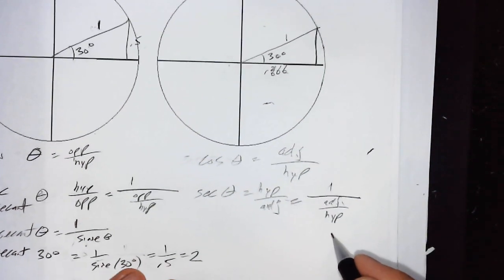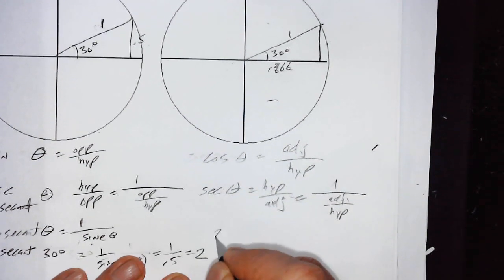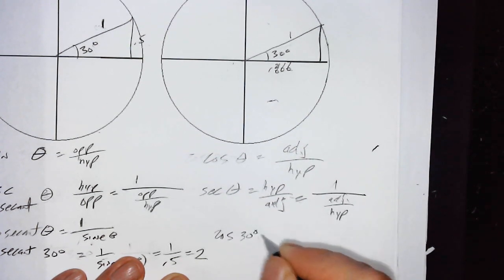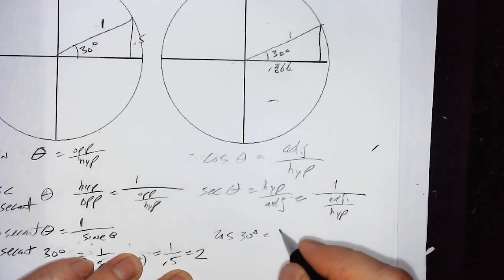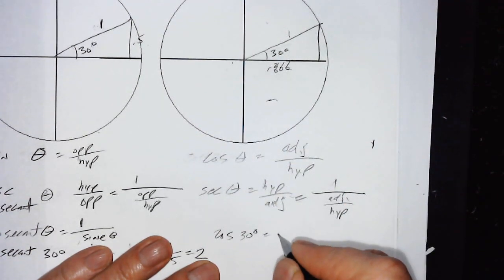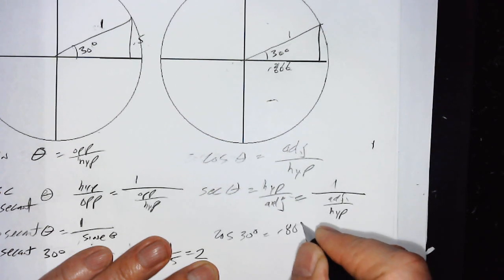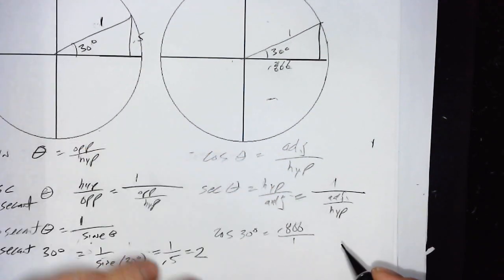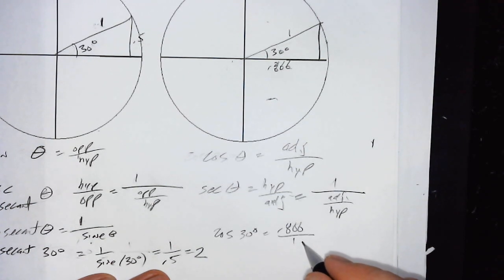Therefore, let's jump to 30 degrees. The cosine of 30 degrees is 0.866, or square root of 3 over 2.